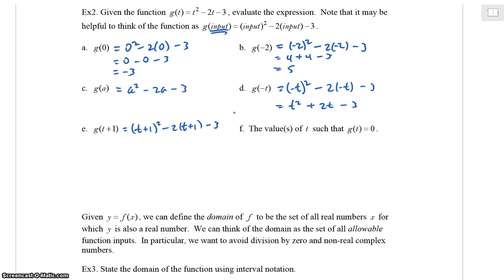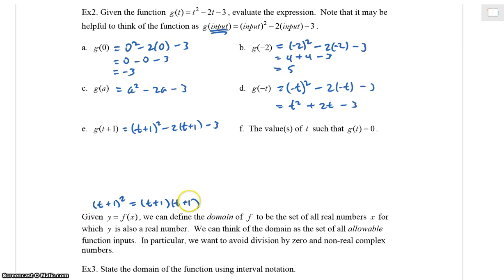Now we're going to try to simplify this, so we would like to take it further than this. First of all, t plus 1 squared. Let me just write this below here as a separate step. If we square t plus 1, it's t plus 1 times t plus 1. It's not t squared plus 1 squared. You have to use FOIL.